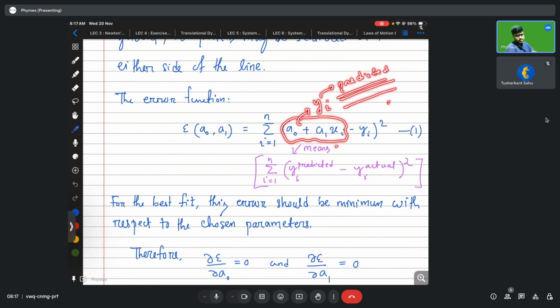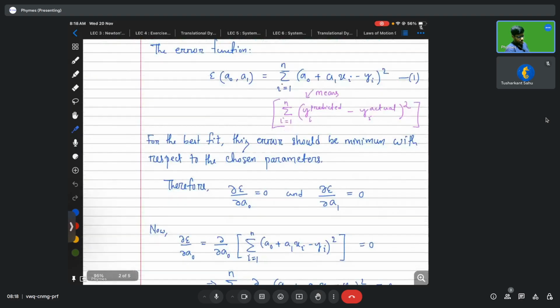The function that represents the data is a straight line, and this is the y predicted value, and this y is the actual value. Take the difference between them, take their square, and add them, i equals 1 to n, for all the data points you have. Suppose you have n number of data points, add them together, then you will find the error function.